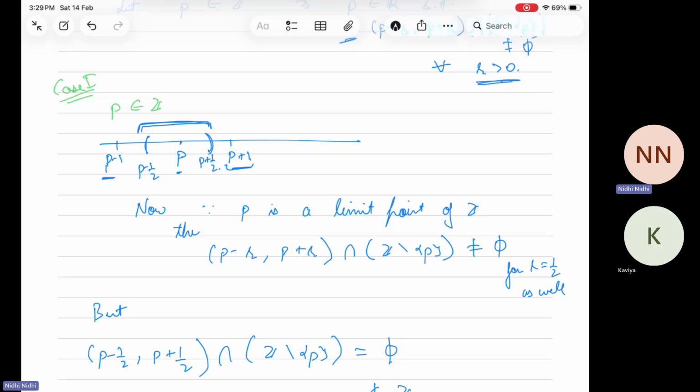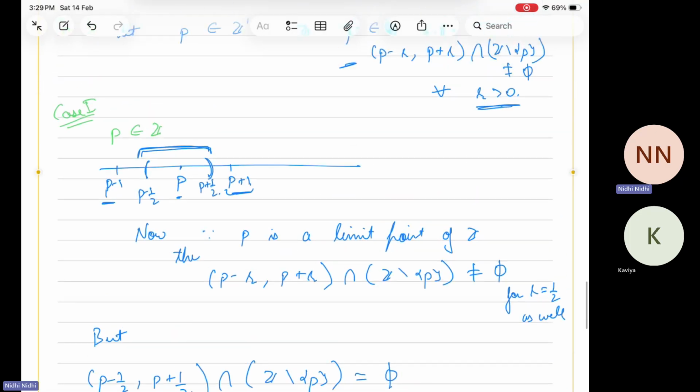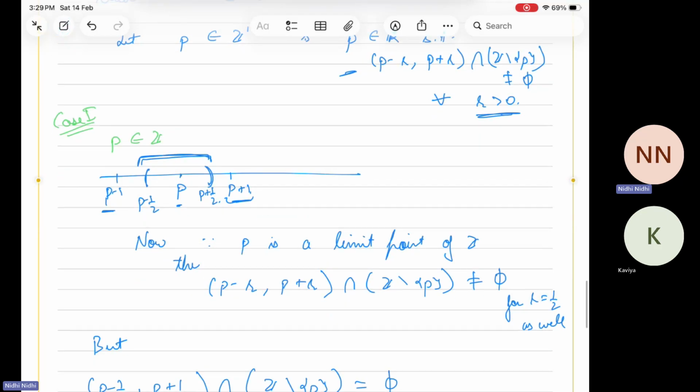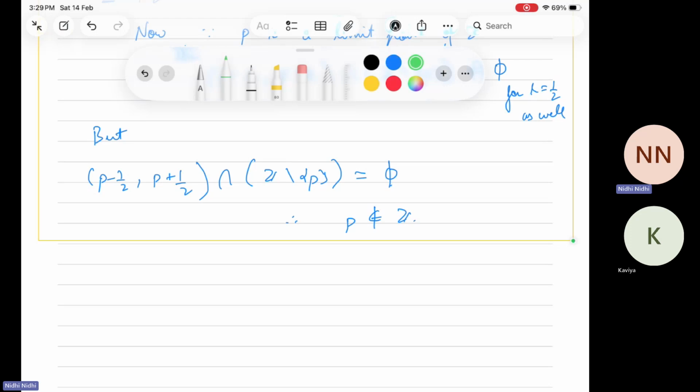Since P is a limit point, this should happen. But since this is not happening, therefore this case fails. Therefore, P cannot be an integer. Now there is only one possibility: if P is some limit point of the set of integers, then it should be a non-integer. So let's see what happens for the case of P not belonging to Z.